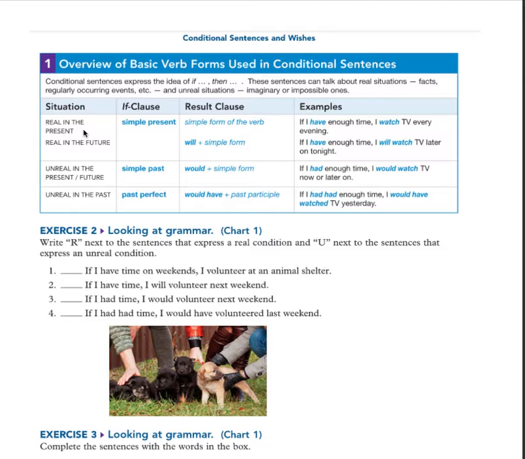If the situation is unreal in the present and future, we're going to see that on page 430. And if it's unreal in the past, we're going to see that on page 432, chart 20-4.